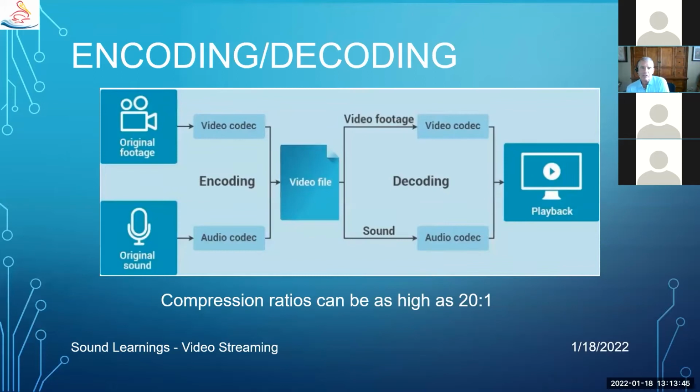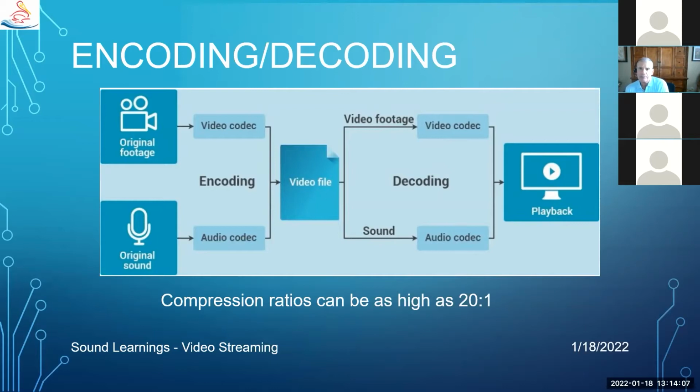The video is compressed and the audio is compressed. So then that video file, when I show in the middle there, goes through the internet and gets to your device, gets to your phone or gets to your PC. And you have to have on your device the reverse. It has to decode it.